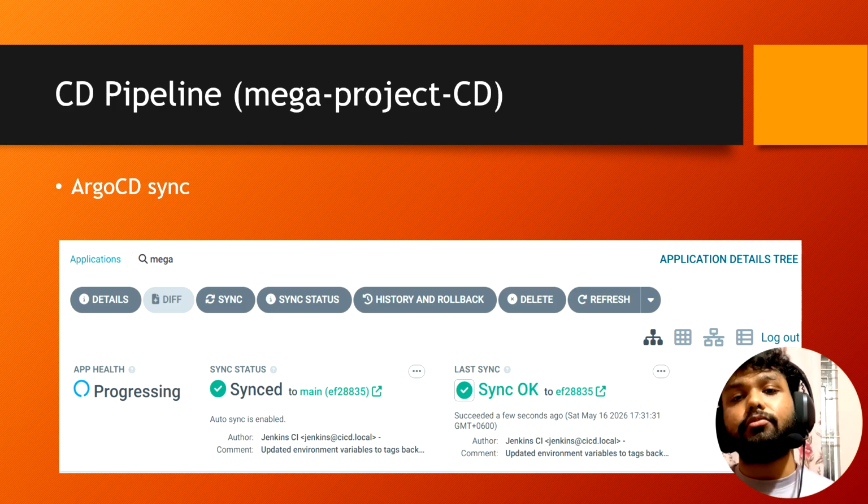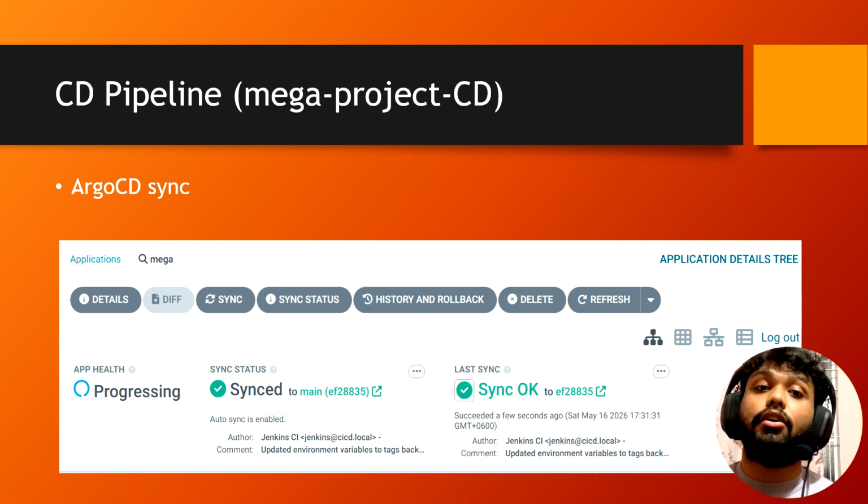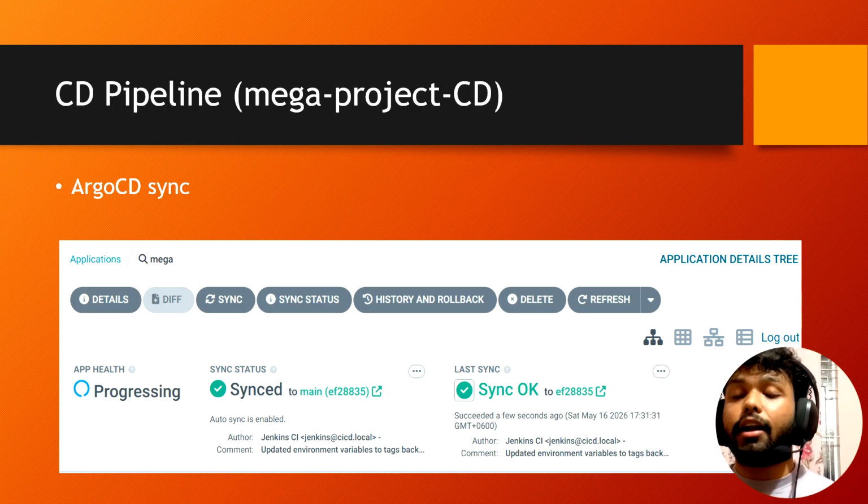So let's say after all the pipeline has been triggered and is triggering in Argo CD, we can see live what is happening, how my pods' health currently is, whether it is in sync or not, and whether any issue occurred. Argo CD continuously monitors that.